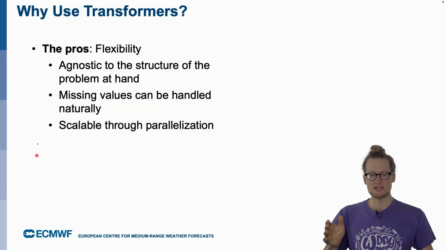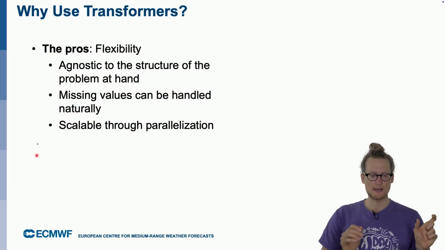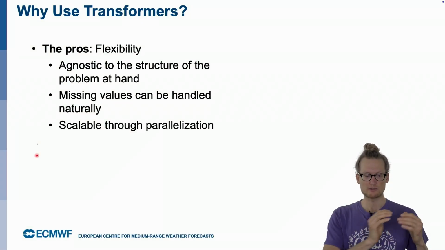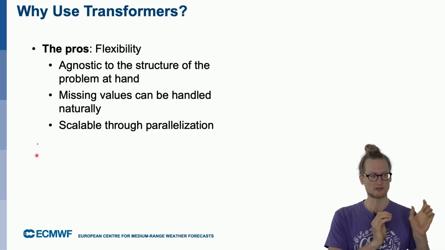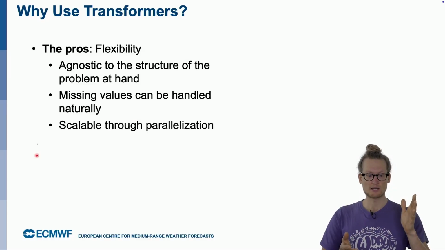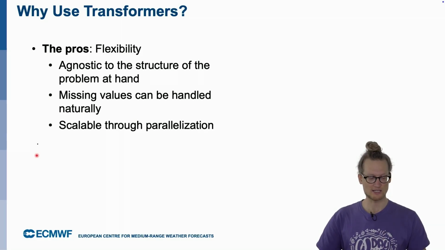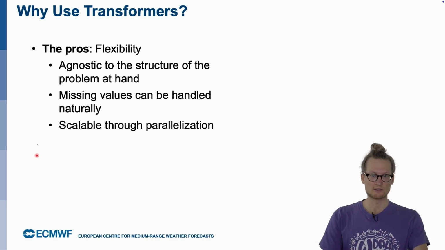And you don't have to change anything of the core model when you go to vision tasks. You only have to change the way you embed your input into tokens. And then once you are on the token dimension, you can just throw your transformer on it, and that's super agnostic in terms of structure.